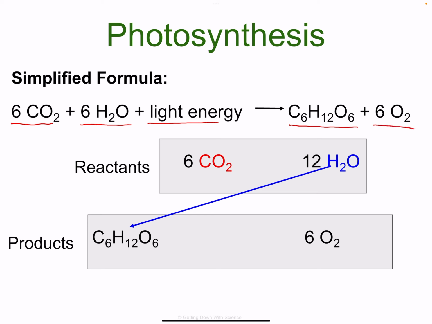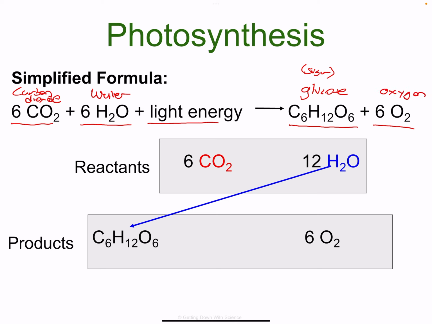So just to make sure we all understand, 6 CO2 is going to be our carbon dioxide. This is going to be, of course, our water. C6H12O6 is the formula for glucose, guys. You have to know that, right? And glucose is going to be, of course, our sugar. And then 6 O2 is our oxygen.